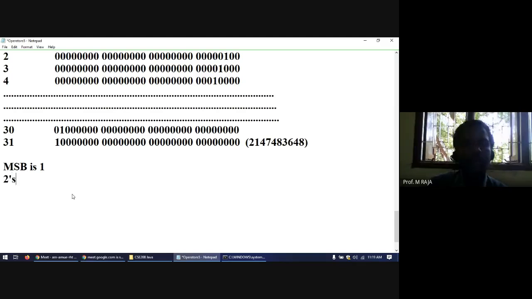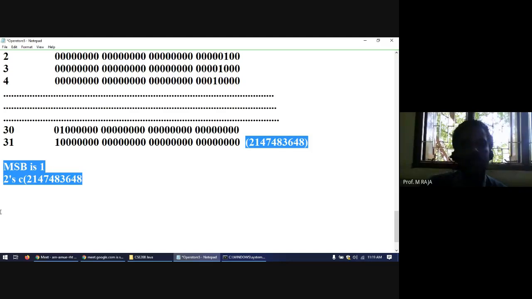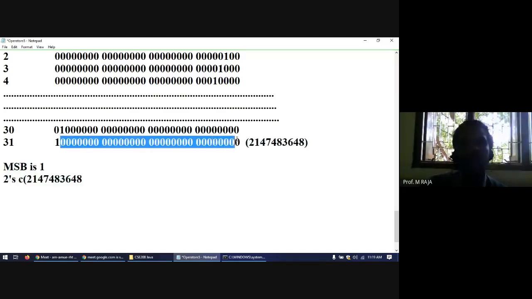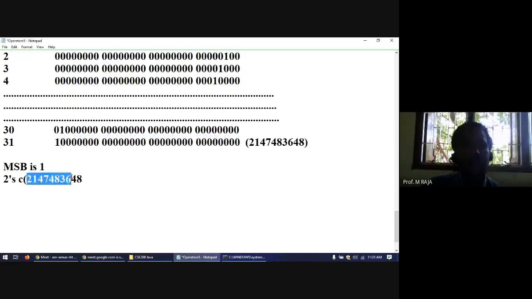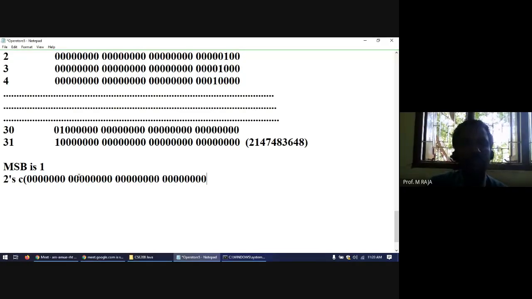So finding the 2's complement of which one? This entire quantity, the remaining 31 bits, excluding the sign bit. Can you say what is its 2's complement value?